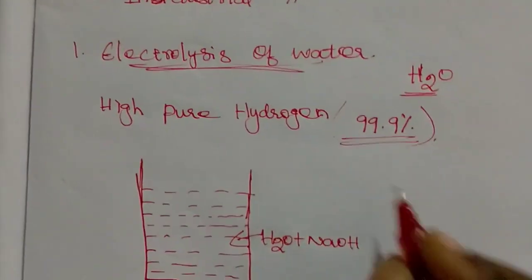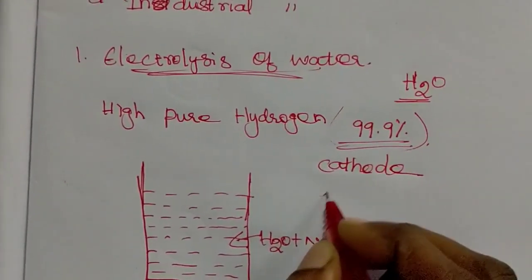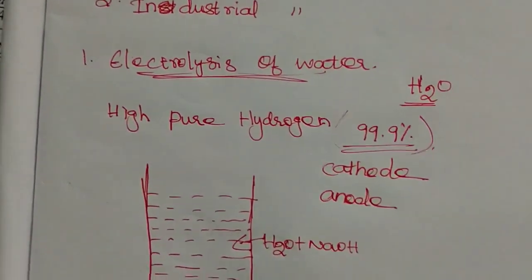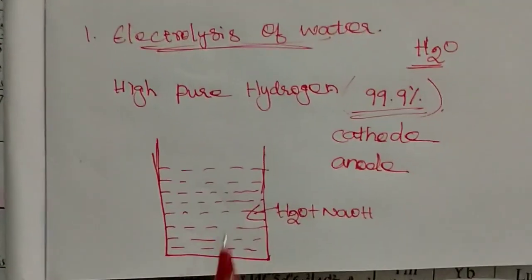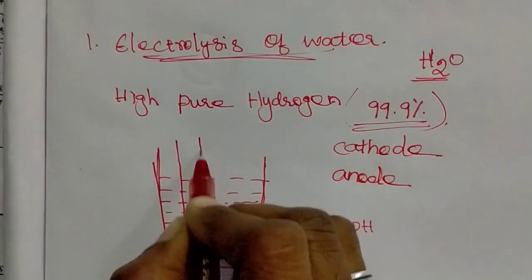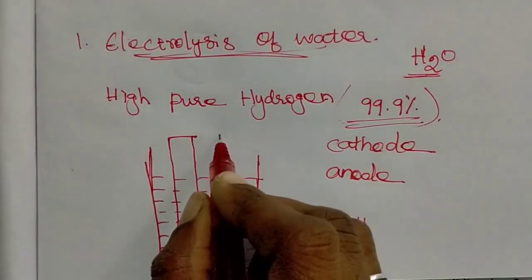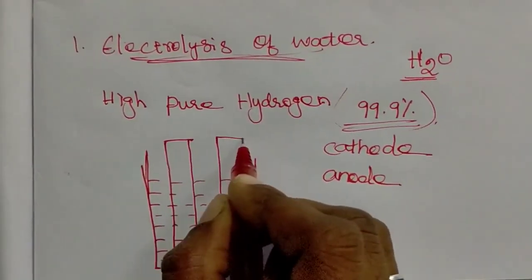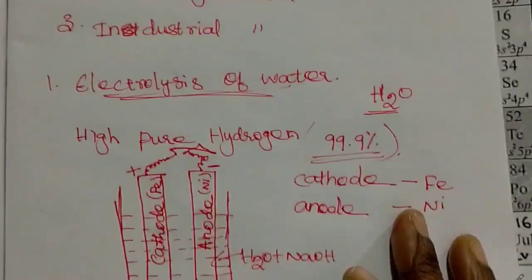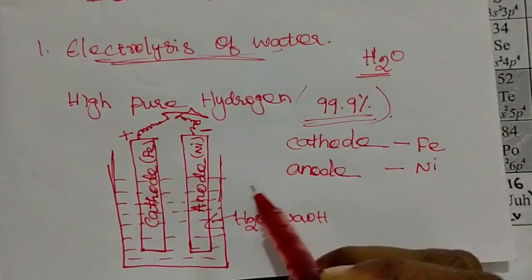Then we need one cathode and one anode for passing current through this electrolyte. So put here one cathode and another one anode. Cathode is iron, anode is nickel.